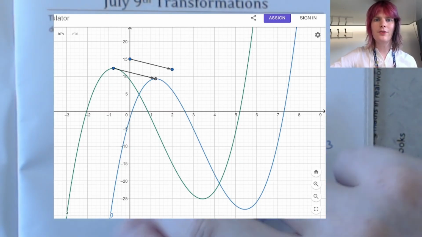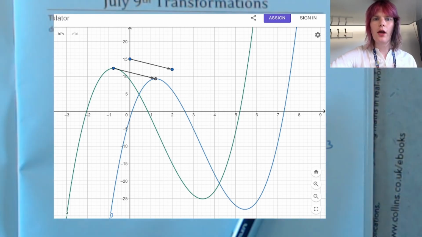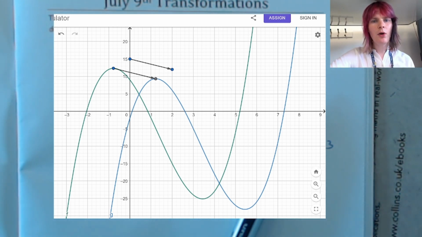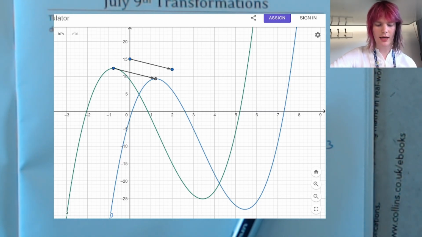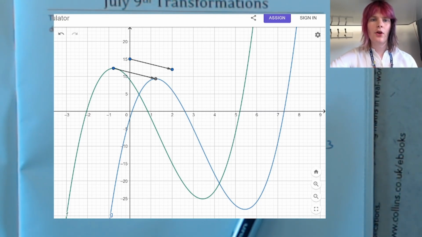So here is the graph that we were talking about. This green curve here is our original function, y equals x cubed minus 4x squared, take 8x plus 9. And what I've done here, I've plotted our other graph, so our x cubed minus 10x squared plus 20x minus 2. And so I've plotted these both on GeoGebra.